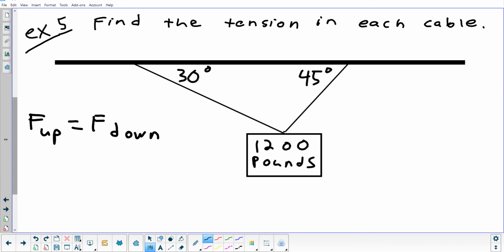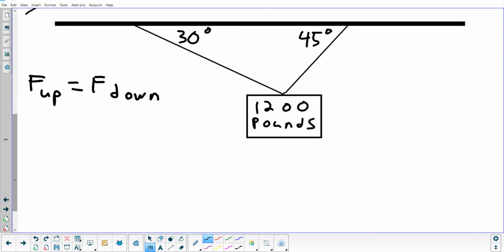It's not really any numbers or letters or variables yet. It's basically an equation with ideas in it. Force up equals force down. And what other forces are equal? Force left equals force right. The force left is equal to the force right. Any question on that idea?